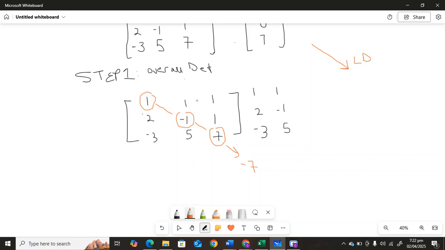We go to the next diagonal: 1 times 1 times negative 3. What do we get? We get negative 3. So you put plus negative 3.